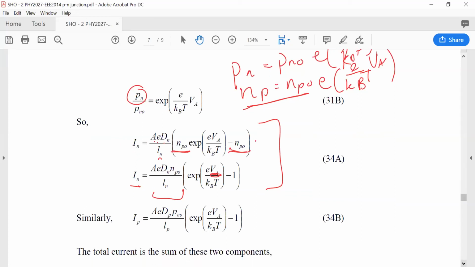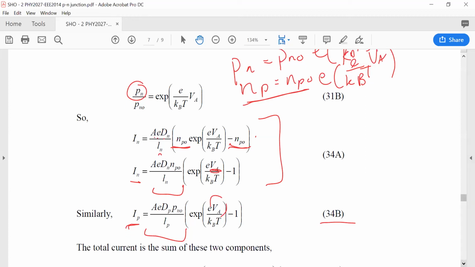We do the same thing for the hole current, and you reach 34B, where the hole current is dependent on loads of constants, which are design parameters, and particularly in forward bias dependent on the applied voltage, as you can see there. First of all, we have to remember to sum up these equations, because one's the electron current and one's the hole current, but they're both present when we're operating the device.